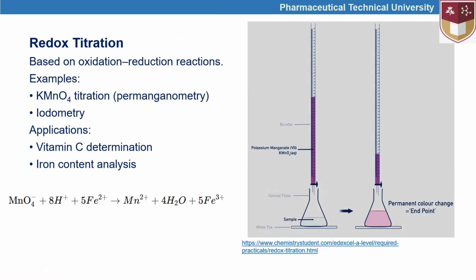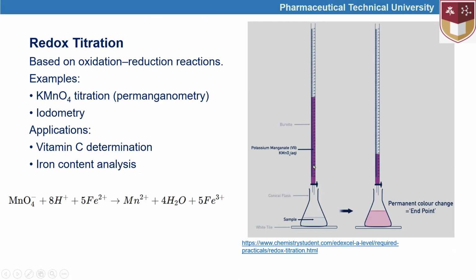It's based on oxidation and reduction reactions. The examples can include titration with potassium permanganate, or iodine, which is termed iodometry. The application can be the determination of vitamin C or iron content analysis.